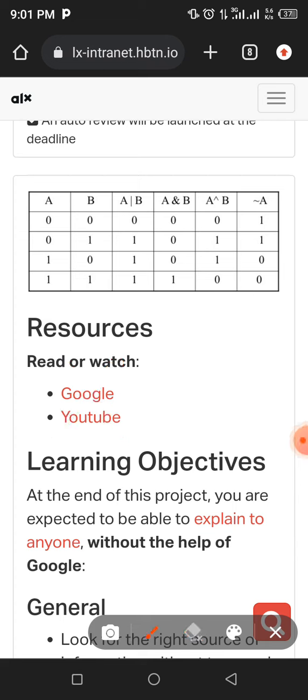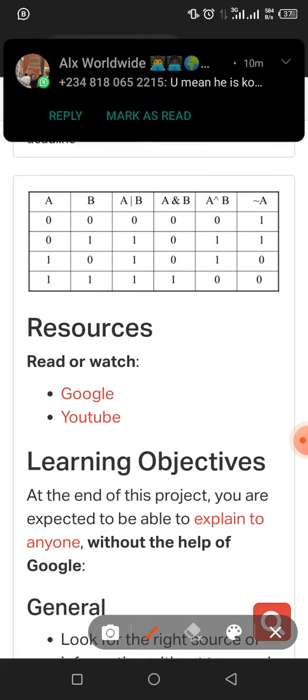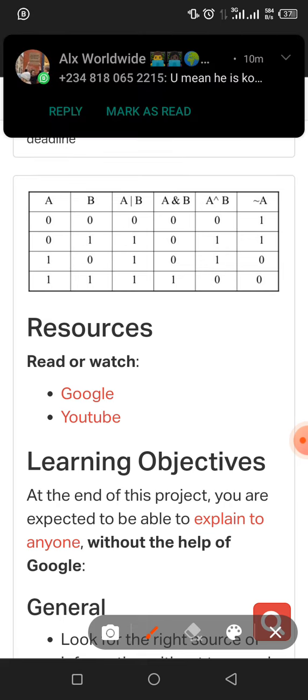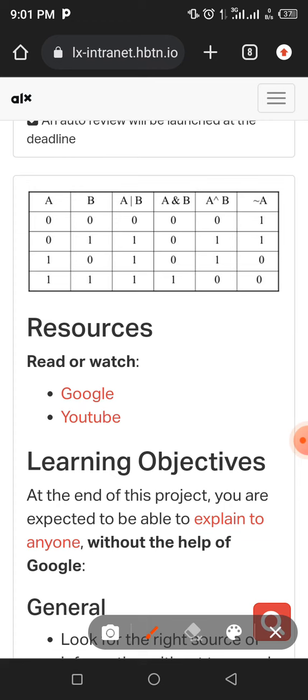The XOR is, for instance, we're talking about the other parts. If both conditions are met, we are going to give the opposite, except one of them is not met.